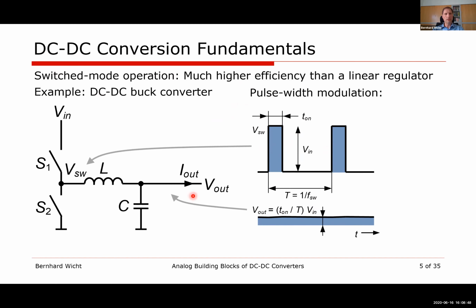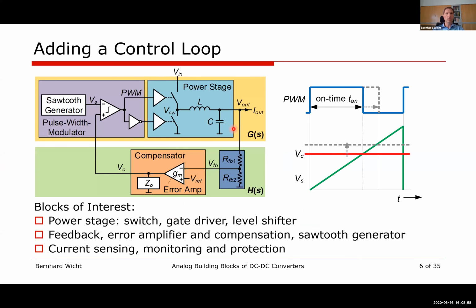Now this is the so-called power stage, and now we want to add a control loop around it to keep a stable output voltage under all conditions. That's shown on this slide. The upper part again shows the power stage, and now on the left we add a pulse width modulator that allows us to control the on time of these two switches.